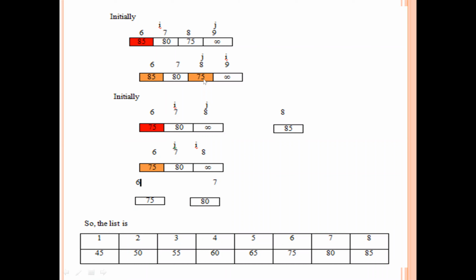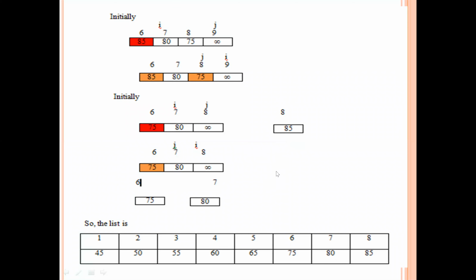Once 85 comes here, we don't have any elements on this side, so we don't have any right sublist. We have only the left sublist with 75 and 80. With these 2 elements, again the same process: 75 is taken as the pivot, I and J start, and the process continues. You got 75 at index 6, 80 at index 7 and 85 at index 8.